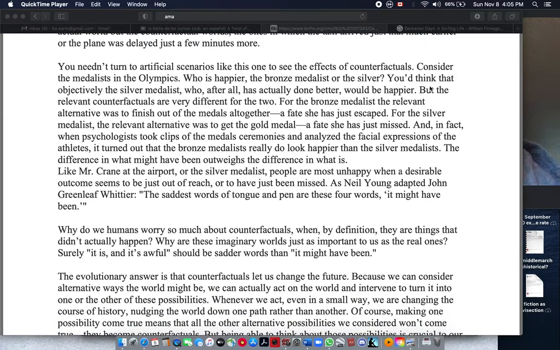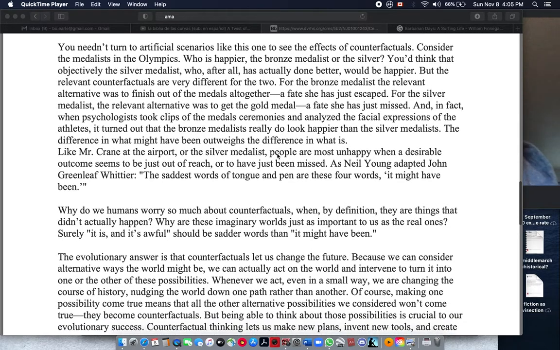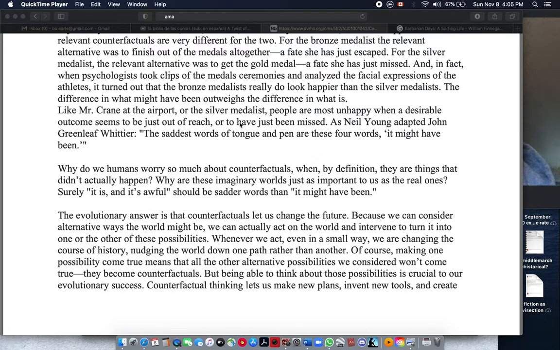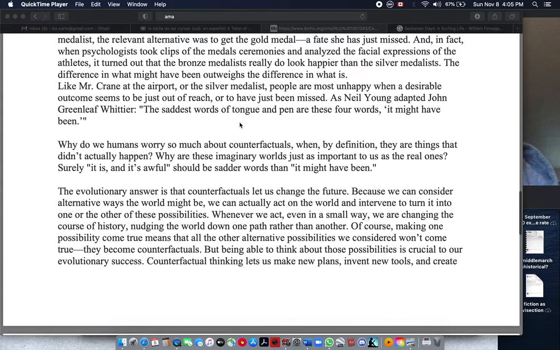So consider medalists in the Olympics. Who's happier, the bronze medalist or the silver? You'd think that objectively the silver medalist, who after all has actually done better, would be happier. But the relevant counterfactuals are very different for the two. For the bronze medalist, the relevant alternative was to finish out of the medals altogether, a fate she just escaped. For the silver medalist, the relevant alternative was the gold medal, a fate she just missed.